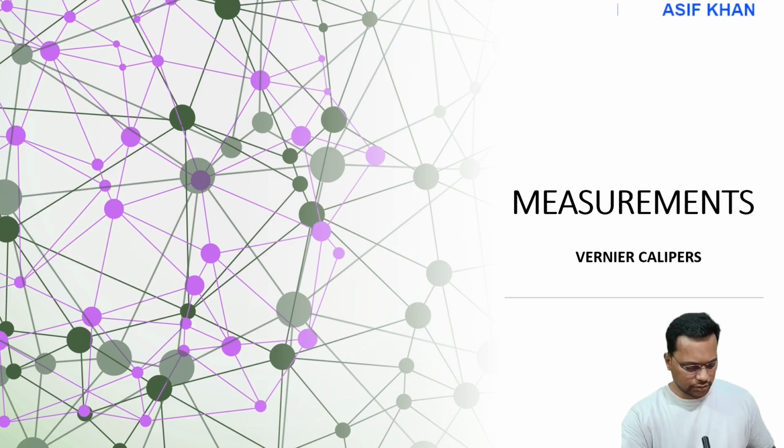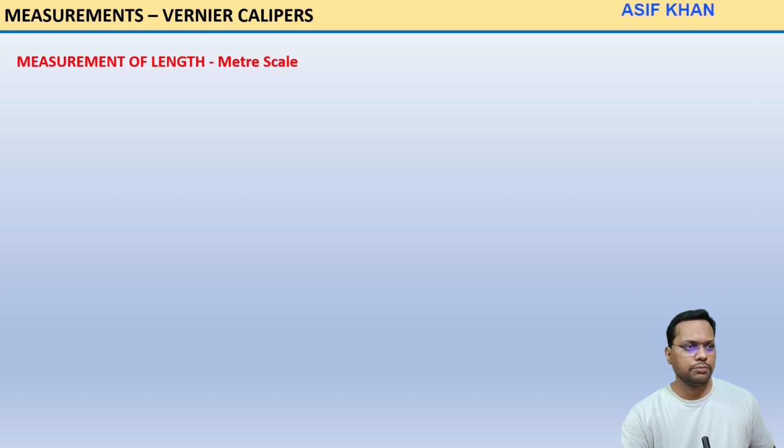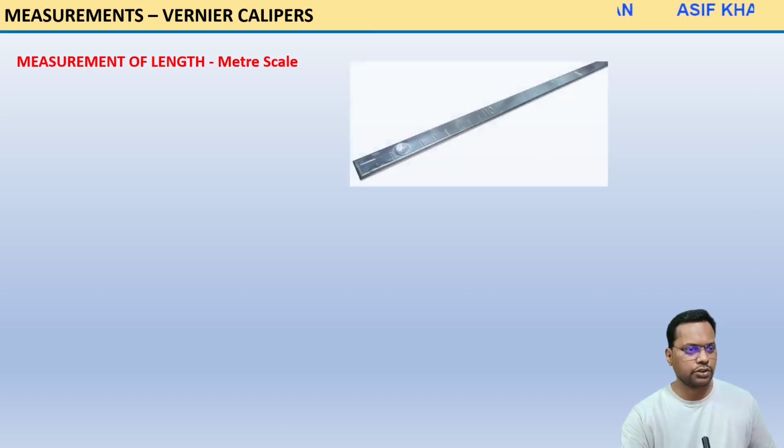So here the scale, if you observe, looks like this, which is shown on the screen. The scale will have either 2 divisions or 4 divisions, sometimes a maximum of 10 divisions. And how this scale is used, you can see on the screen.